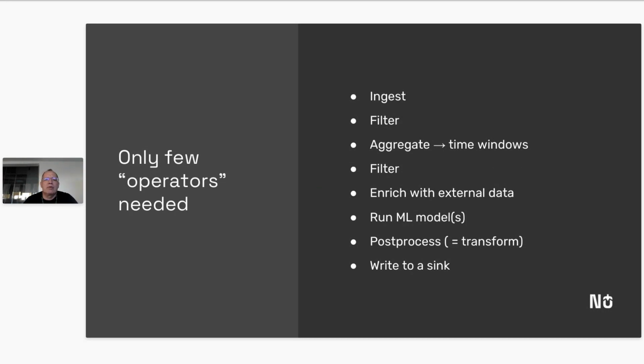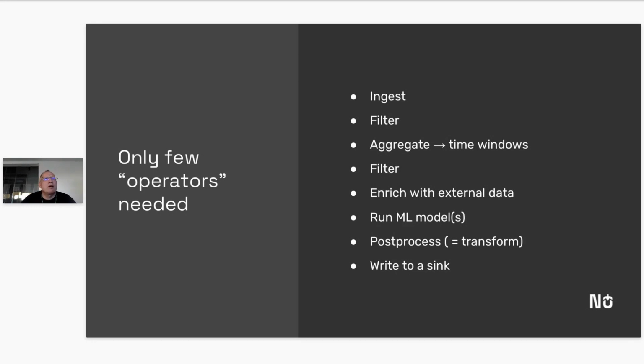Probably some filtering, probably some aggregating in time windows if you are in streaming. Again, some filtering. Okay, for sure there will be an enrichment needed to enrich our event or data record with data from external enrichment systems. Probably there will be some ML models run, some post-processing, writing to a sink. That's it. Just truly few bricks. Few bricks is enough.